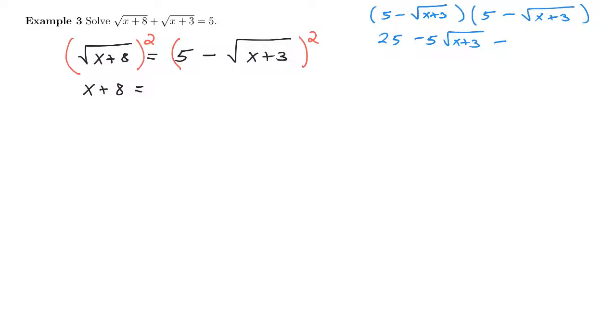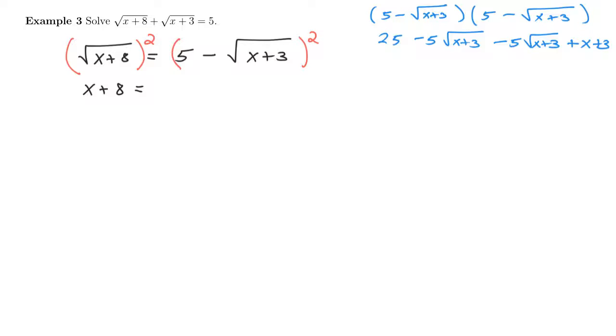Then I get another minus 5 times the square root of x plus 3. And then I get plus, actually I just get x plus 3. So what I did there was, I took the 5 and I multiplied it to both terms, which gave me 25 and minus 5 times the square root of x plus 3. And then multiplied this in, which was, again, negative 5 the square root of x plus 3. But then this term times this term became positive, and the square root times the square root just canceled to the x plus 3.